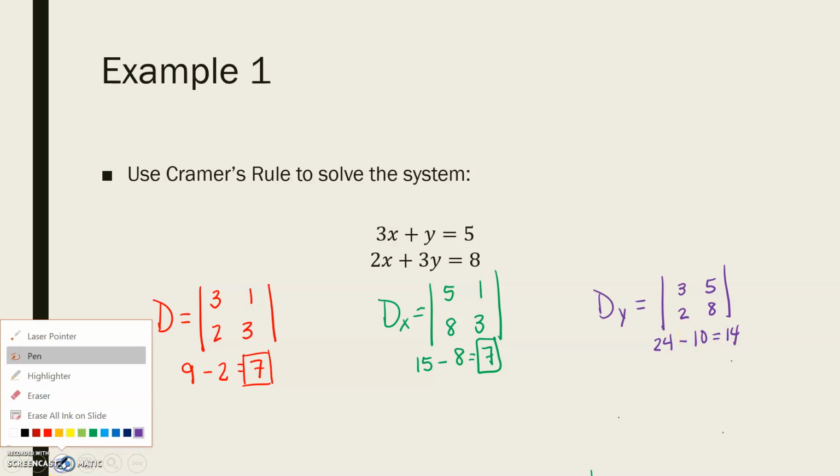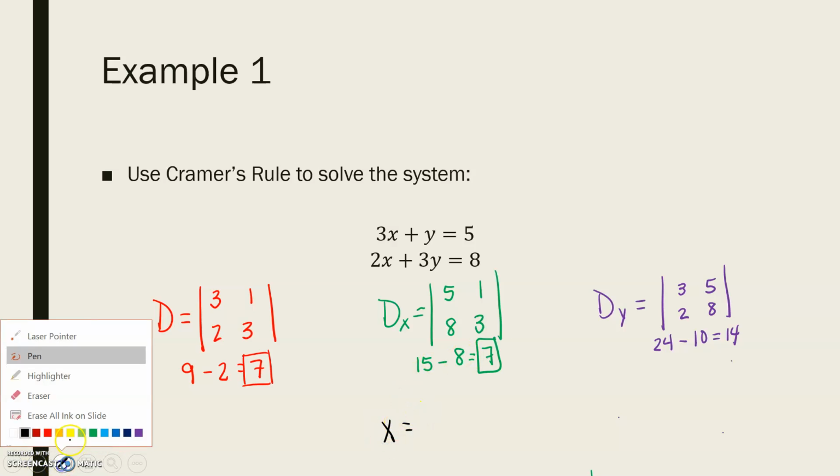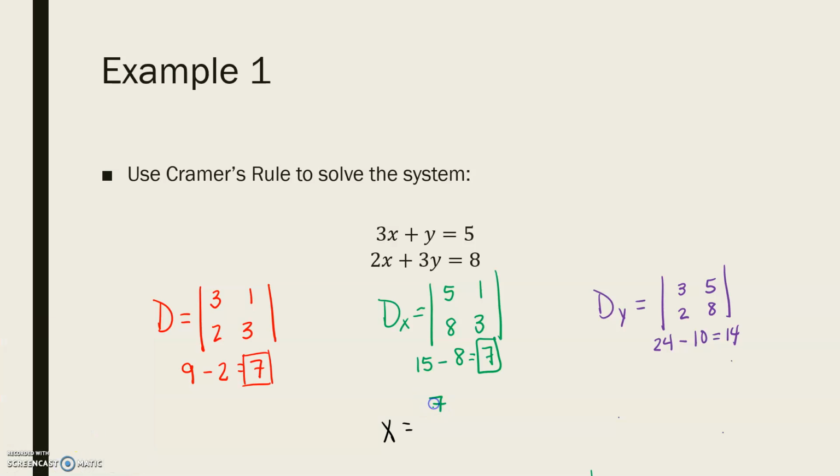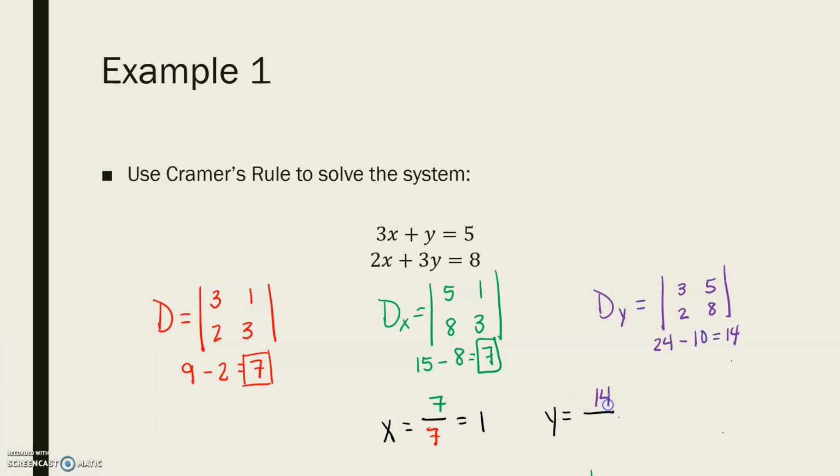So to get my x coordinate, I'm going to do dx over just d, so that would give me 1. For y, I'm going to do dy over d, which would give me 2. So when I write my final answer, it would be 1, 2.